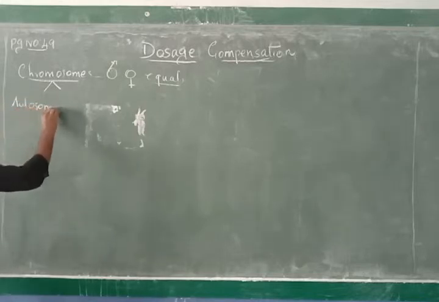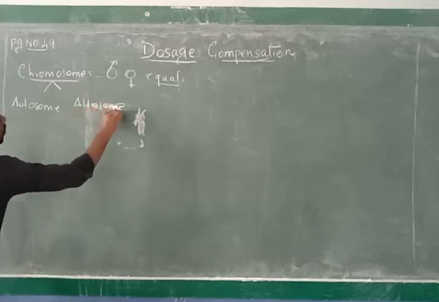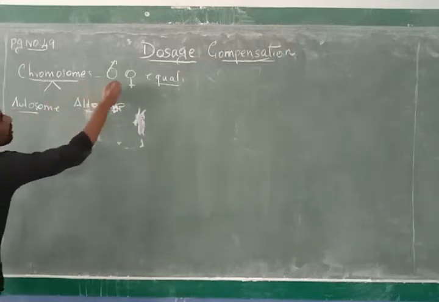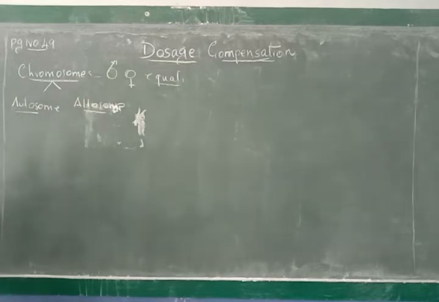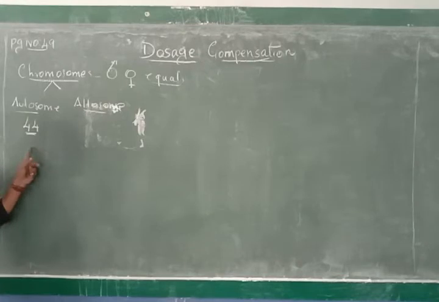Right. So now, when we talked about two different chromosomes, the autosomes as well as the allosomes, male and female will have an equal number of autosomes, that is 44 chromosomes. Both male as well as female, autosomes will always be equal.